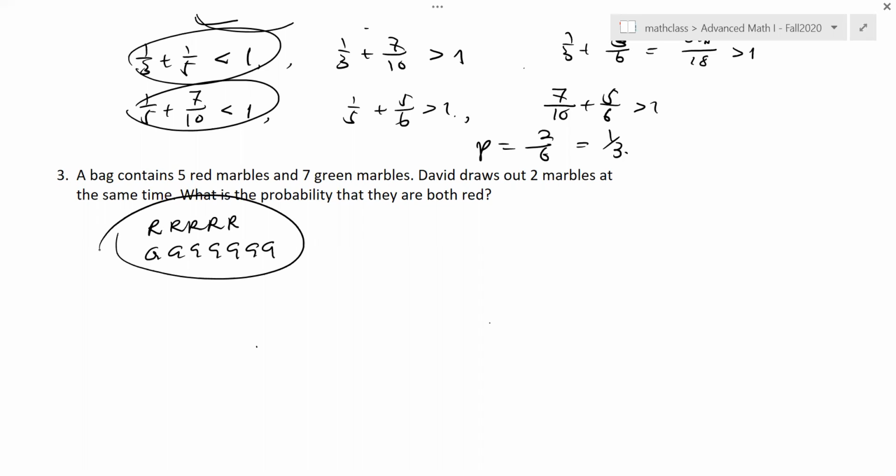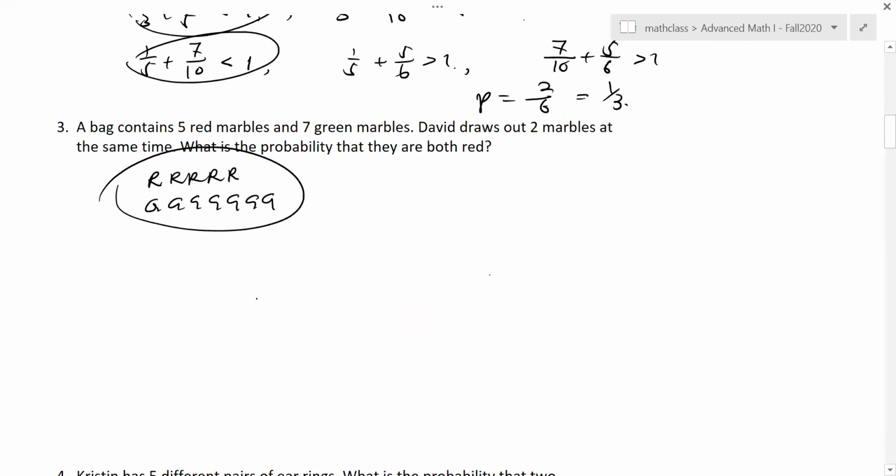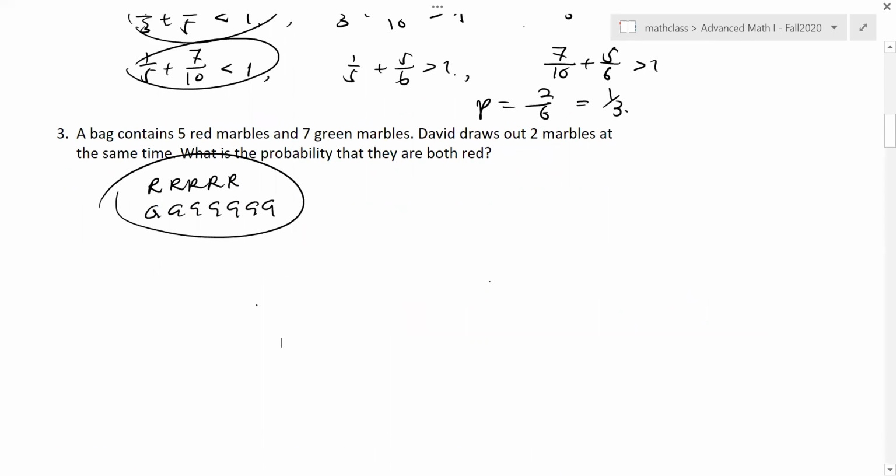We don't say which one is first. What is the probability that both are red? You close your eyes, grab 2 marbles, and then you open your hand. Then the question is, what is the probability that both are red? Think about this problem. This is a typical problem in probability.